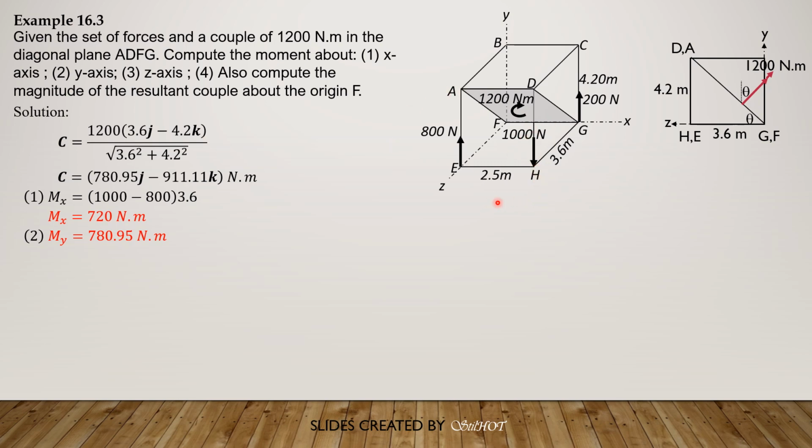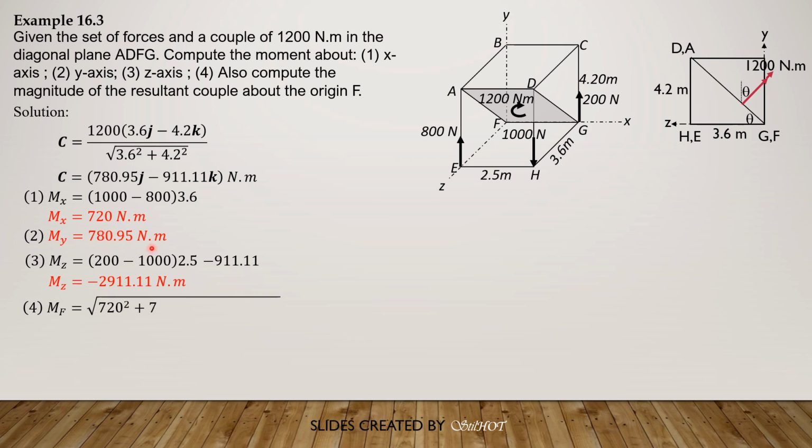So minus 1000 times 2.5. So it is quantity 200 minus 1000 times 2.5, then plus negative 911.11. So that's the moment about the z-axis. So moment about z-axis is negative 2911.11 Newton meter.